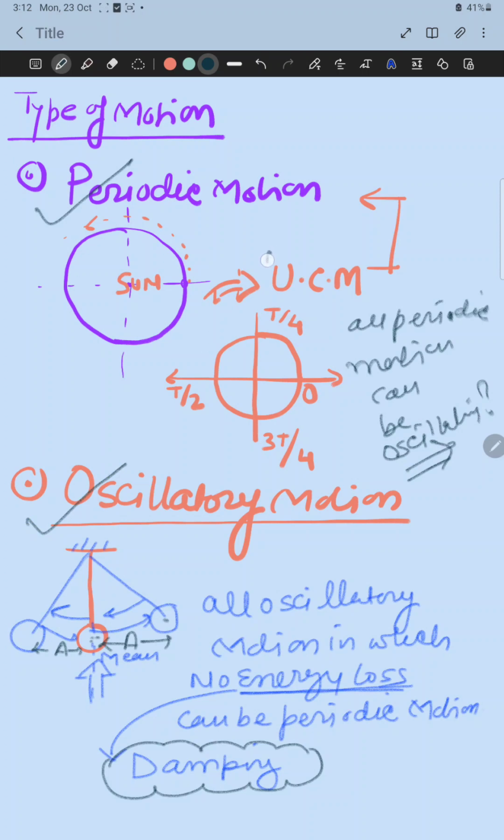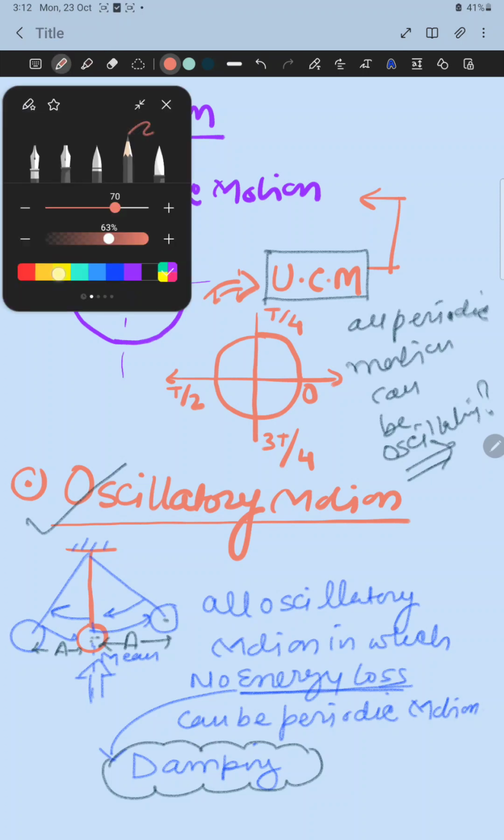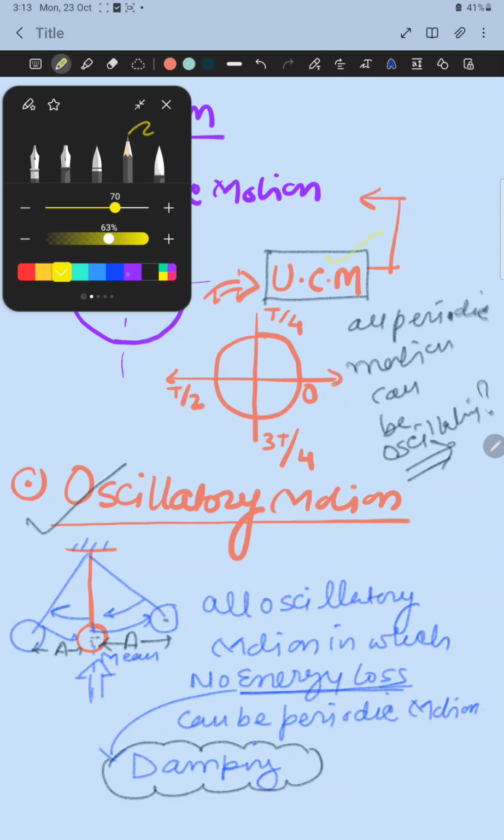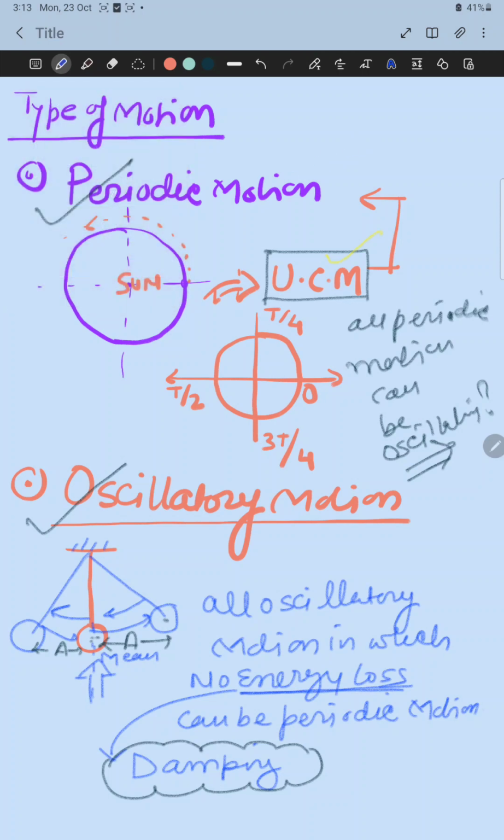The very connected example of periodic motion is uniform circular motion, in which the particle executes its motion around some fixed point, also called the origin. In oscillatory motion there is some mean position about which the particle has to and fro motion.